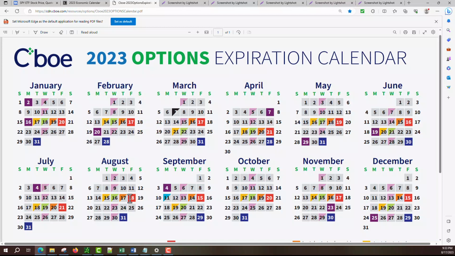August 18, so basically the third Friday of every month. That's the OPEX day, which is option expiration right there. And you have it every month on the third Friday.